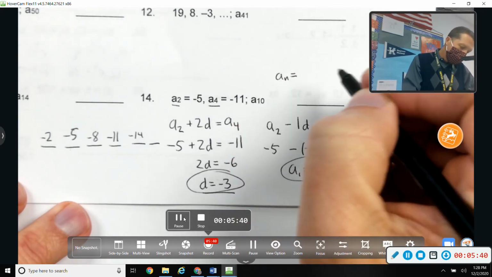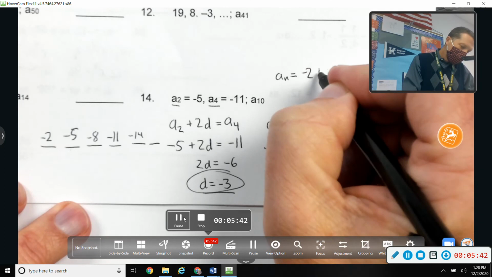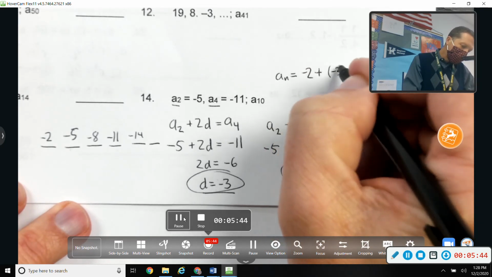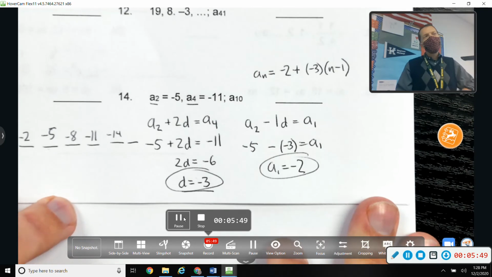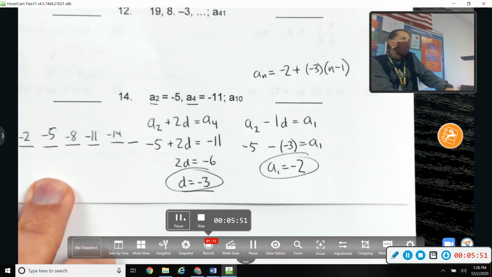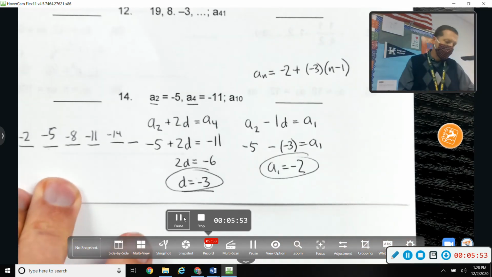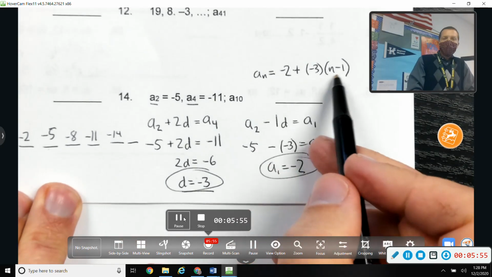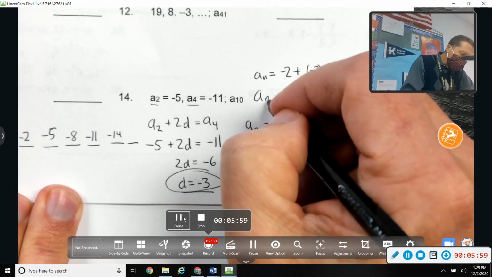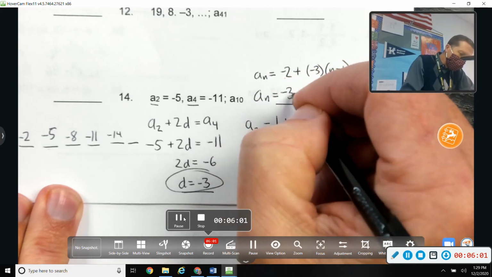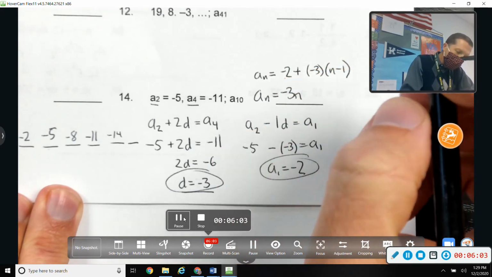A sub n is the first term plus d times n minus 1. And again, you can clean that up if you want, or you can leave it like it is. It's fine either way. If you leave it as is, it's real easy to spot a1 and d. If you want to clean it up, because we're about to use it in a minute, that's okay too.